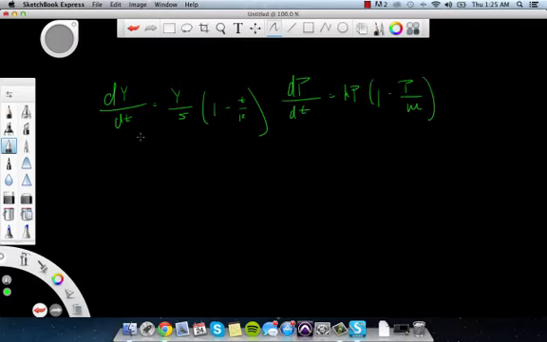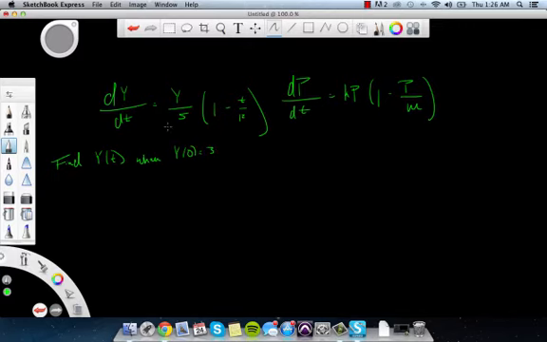Alright, so again, in this case we have a constant of proportionality k equal to 1/5, and our carrying capacity is 12. The question is asking to find y of t when y of 0 equals 3.